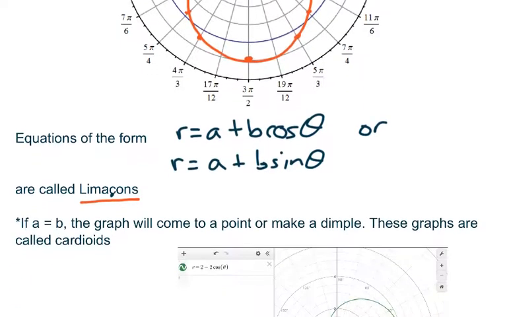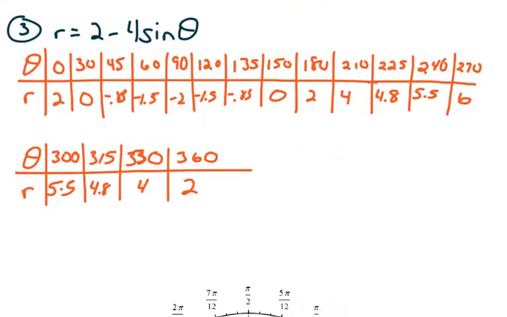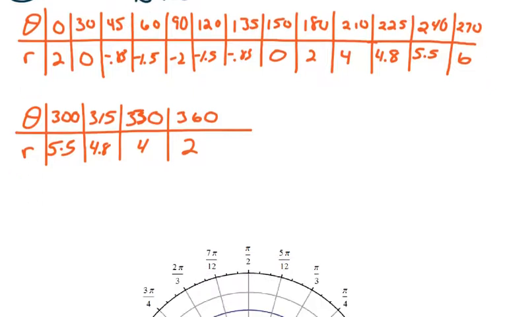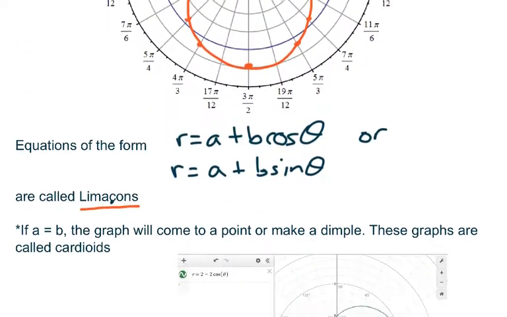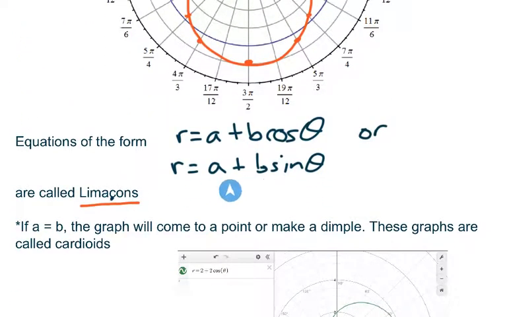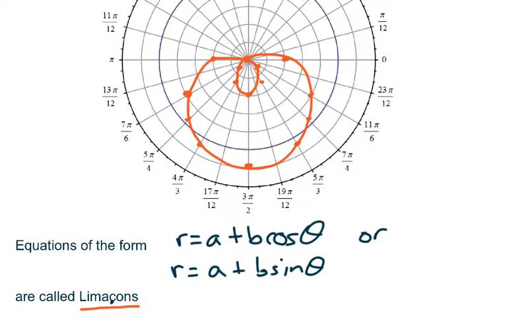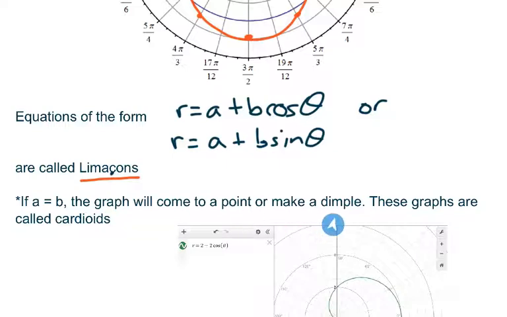If a equals b, so in my example here I had 2 and 4, so these two numbers were not equal. If they are equal, like 2 plus 2 sine of theta, or in my example here 2 plus 2 cosine of theta, it's not going to make this little loop in the middle. It's going to come right to a point and make a dimple.